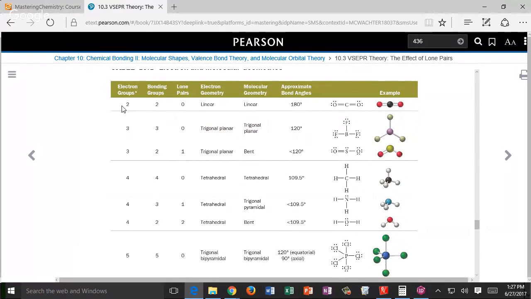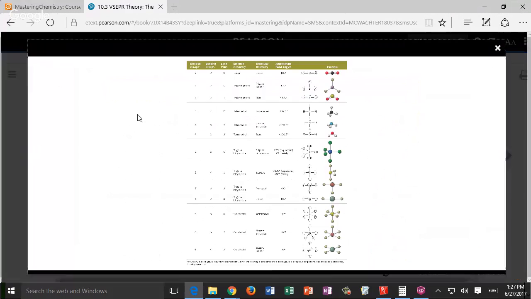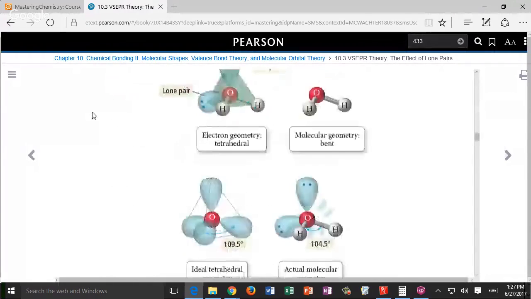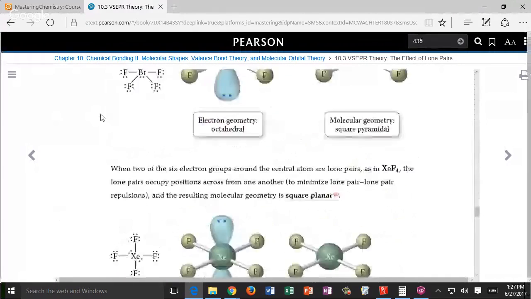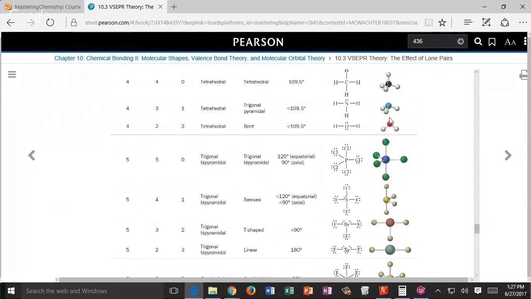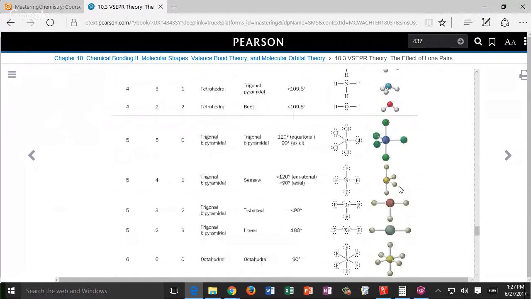For each category, you've got the number of electron groups, then the number of actual bonding groups, which is the atoms, the number of lone pairs, what the electron geometry is called, which is always the same within a category based on the electron groups, and then what the actual molecular geometry is called, which is based on just the bonding groups, just the atoms and not the lone pairs. And then it gives you an example of each one and sort of a 3D picture of what that would look like.